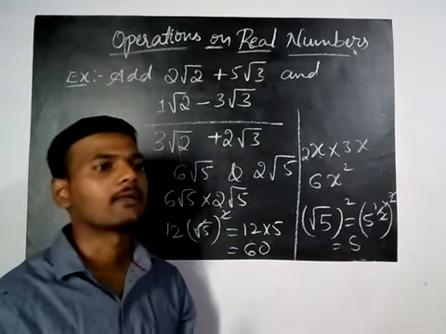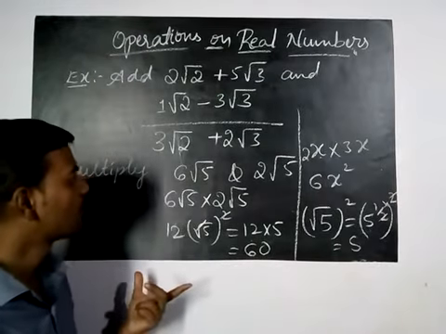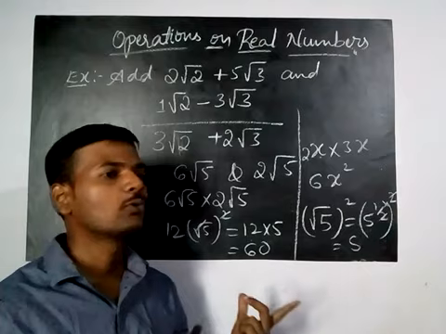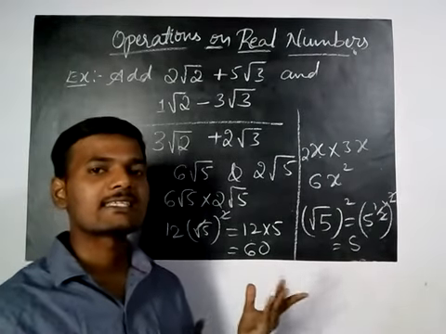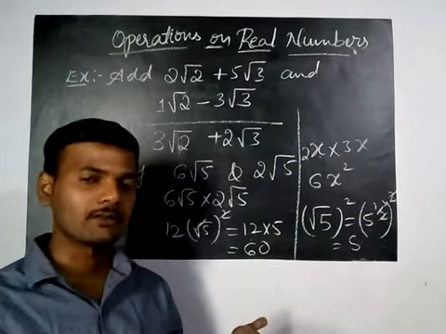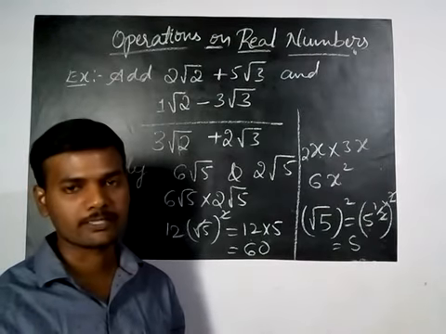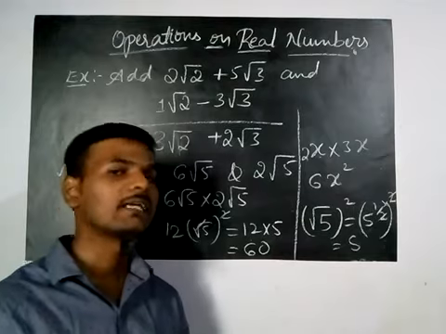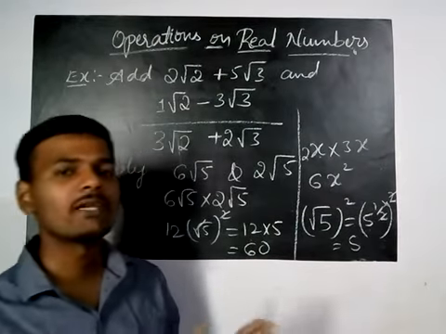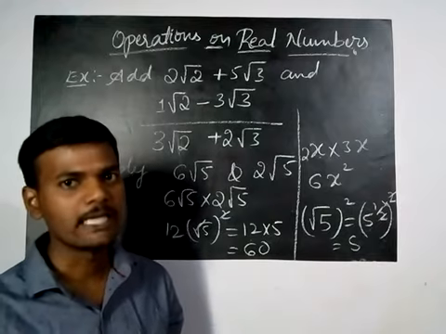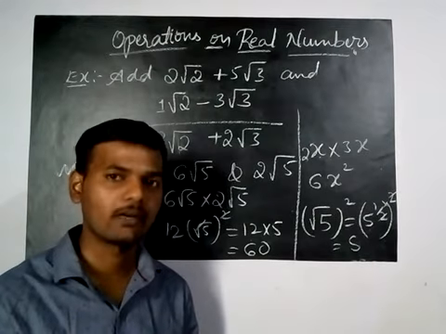And then, the product of any two irrational numbers may be rational or may not be rational, that is, it may be irrational or it may be rational. You must remember these two points.